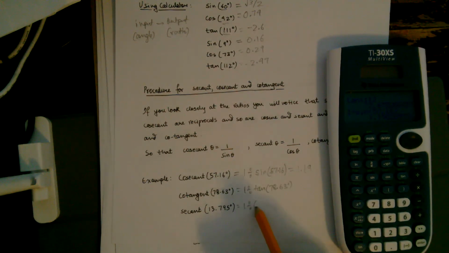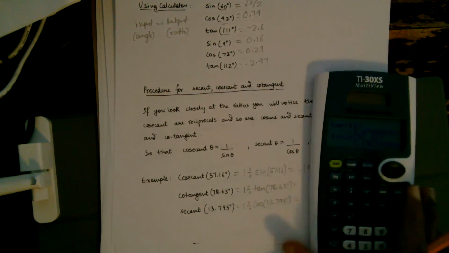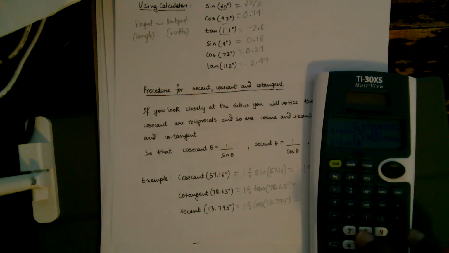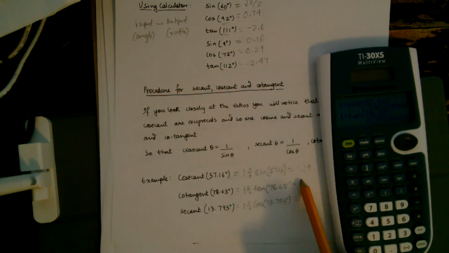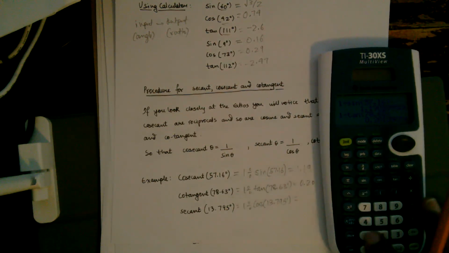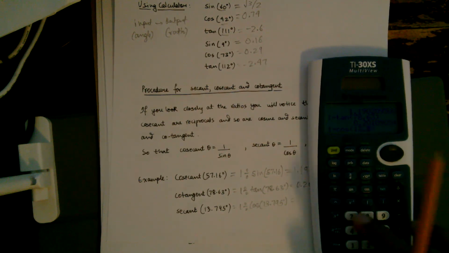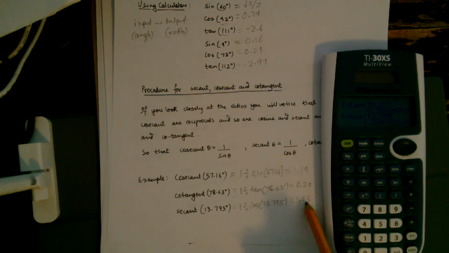This is 1 divided by cosine of 13.795 degrees. Plug those in, you get 1 divided by tangent 78.63, 0.20, and 1 divided by cosine of 13.795 is 1.03 after rounding.